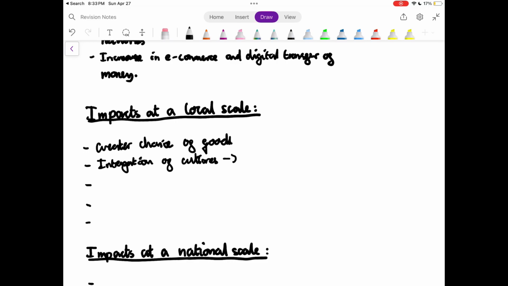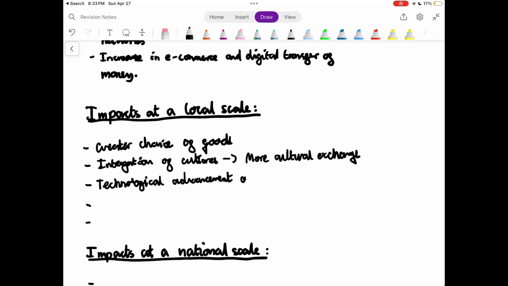So this can lead to more cultural exchange. It can also lead to technological advancement and innovation.